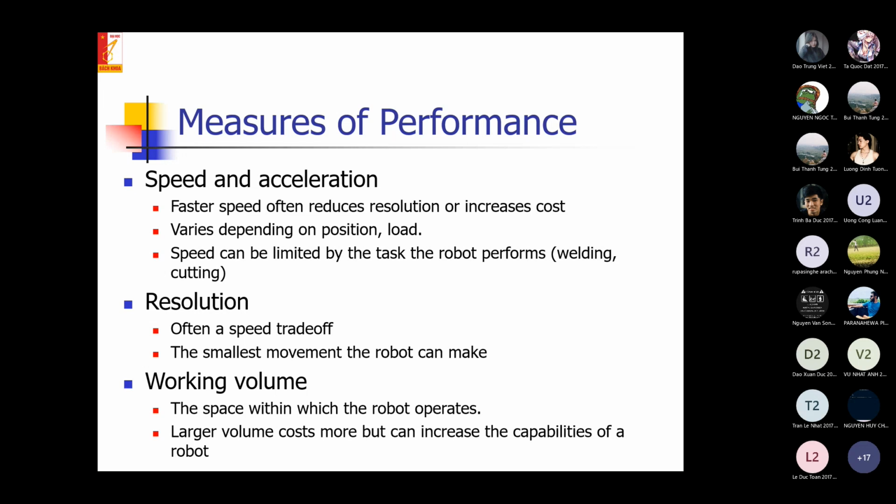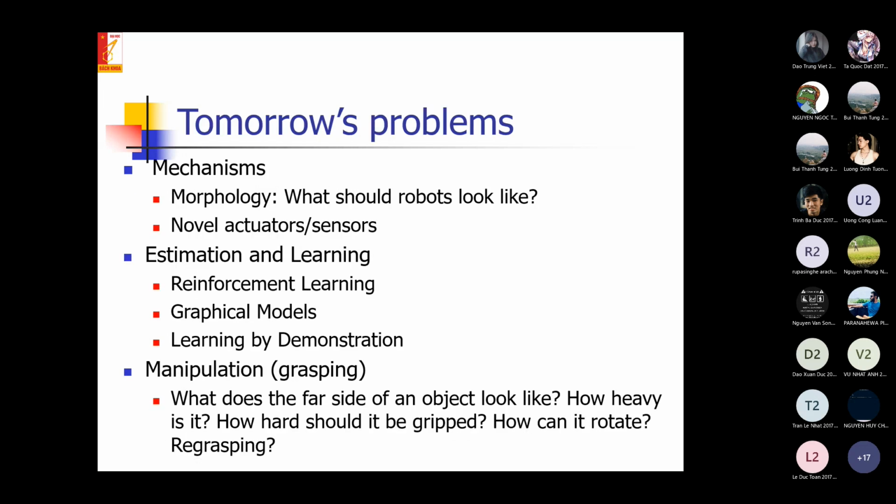So tomorrow's problems of the robots in the future. About the mechanisms, we must answer the question, what should the robot look like? And the actuators and sensors that can be used for the robots.